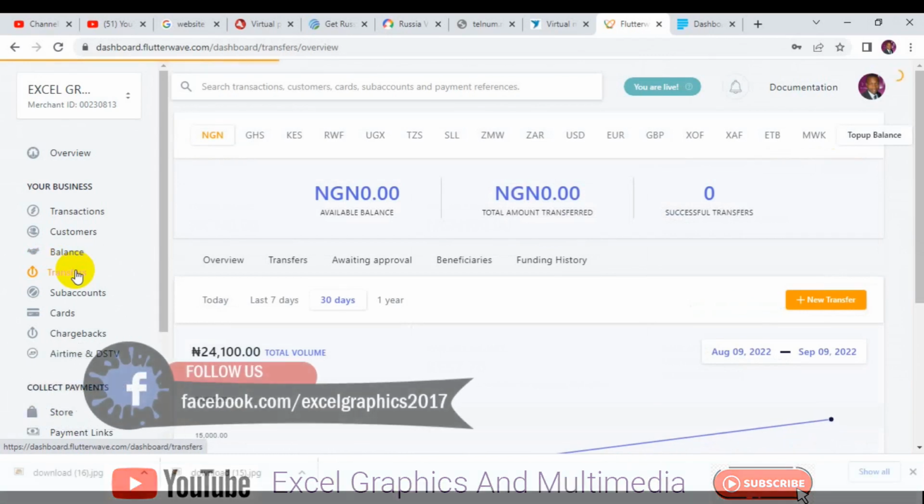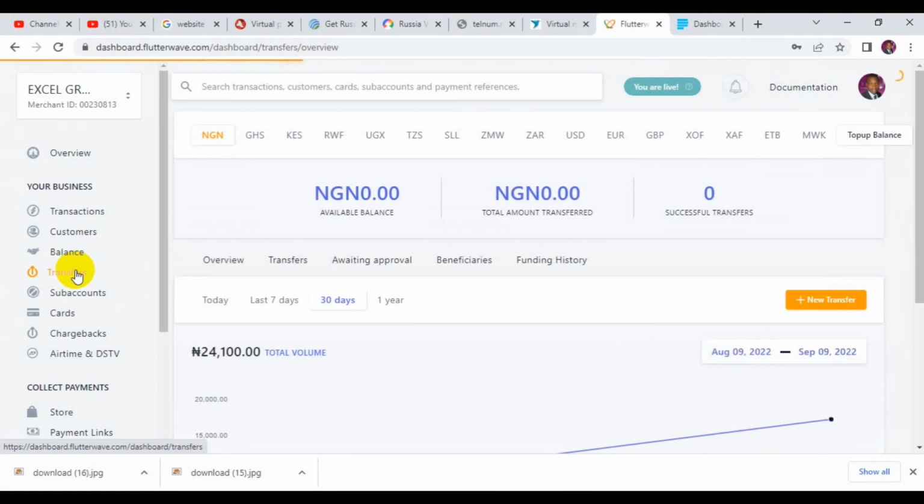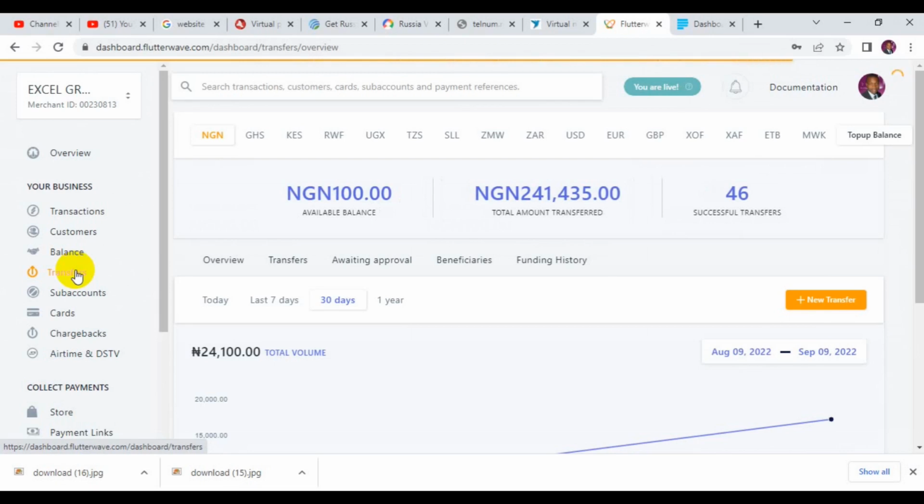Let's say you receive USD from America or any European country. Instead of FlutterWave giving you exactly USD, they are going to calculate your transaction in Naira, which is quite different from what PAYSTACK is doing. This is the more reason why I like to receive my USD payment with PAYSTACK.